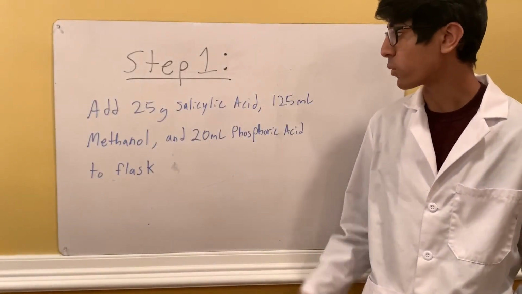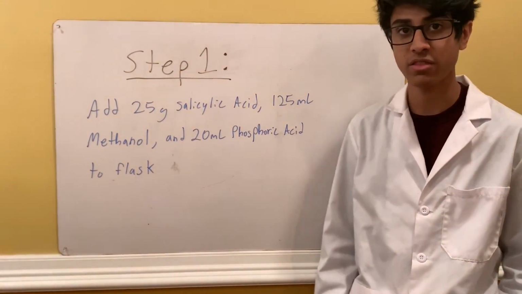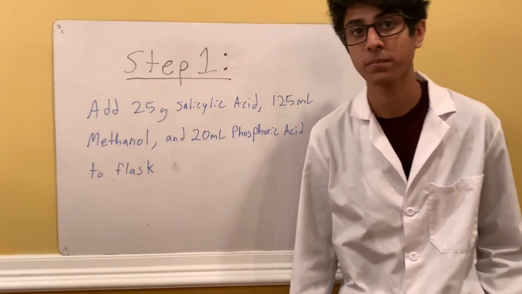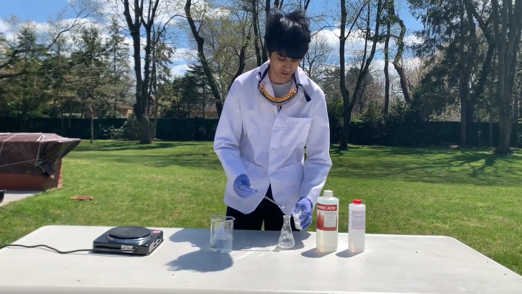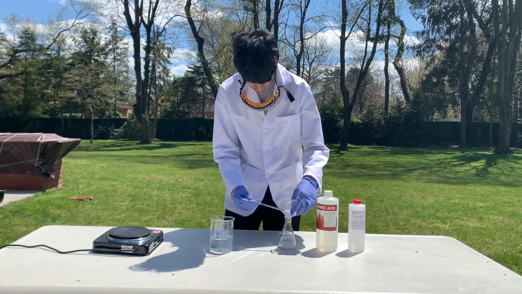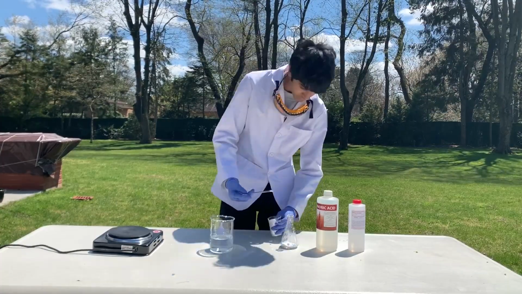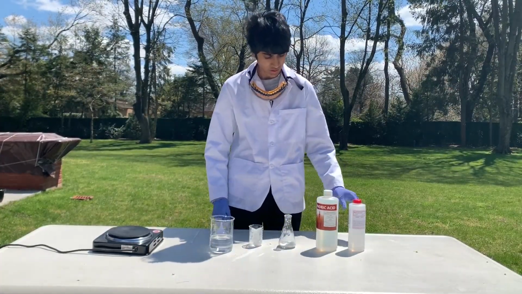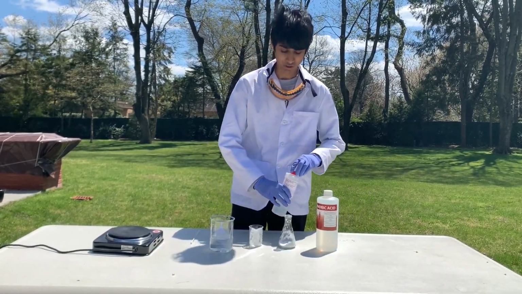Step 1 is to add 25 grams of salicylic acid, 125 milliliters of methanol, and 20 milliliters of phosphoric acid to a flask. First, I'm going to add 25 grams of salicylic acid to the Erlenmeyer flask. Now I'm going to add 125 milliliters of methanol to the Erlenmeyer flask.